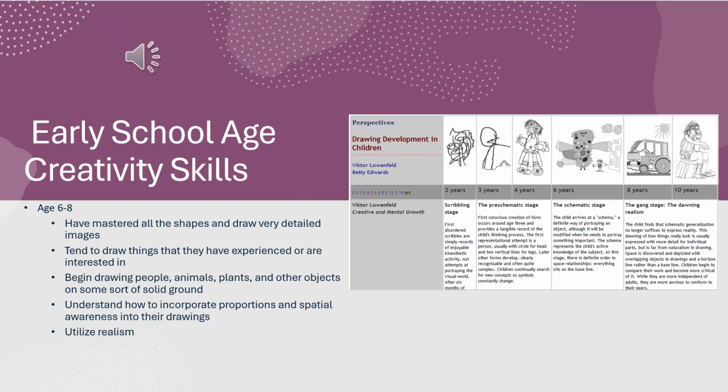They are much better at proportion, so not making the head super giant and the body itty bitty, but having proportion between those things. Spatial awareness, kind of knowing where things need to sit on the page to make clear where they are meant to exist, and their drawings become highly realistic. So many details that are accurate and bringing a lot of realism into their drawings.